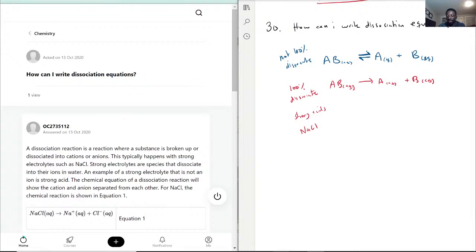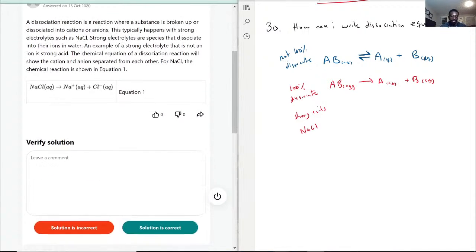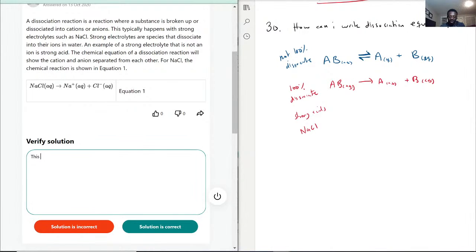The most important thing here is really just the arrow, the signage, because you want to make that distinction. If they don't tell you that it 100% dissociates, it's usually safer to just put that type of double arrow. So this one is a salt, and this one is 100% dissociation. So the chemical equation, as we show in the second one, with one arrow pointing, turning into A plus B, is correct.